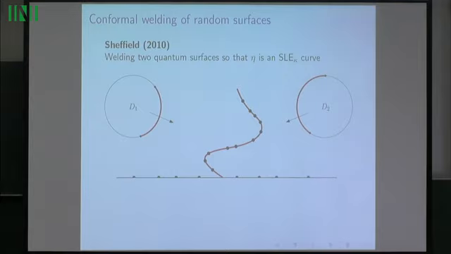For example, if we have D1 and D2, both with two marked points, and a way of identifying their boundary lengths according to the quantum length, then we can glue them together so that the interface is an SLE curve. In fact, in this picture, once we glue one part, we have the upper half plane, but we can then continue to glue the left and right parts of the real line. This is the quantum zipper of Sheffield's paper.